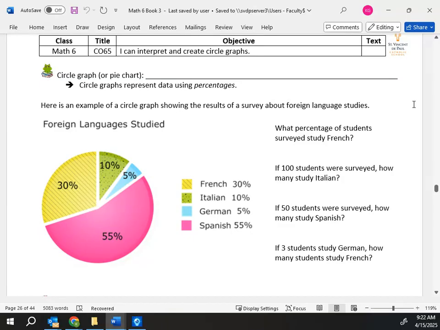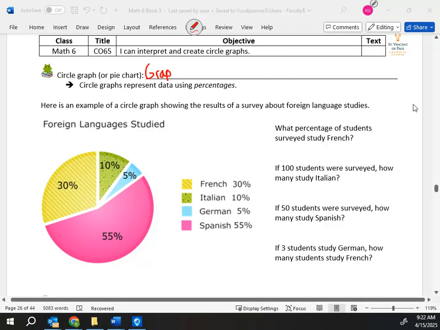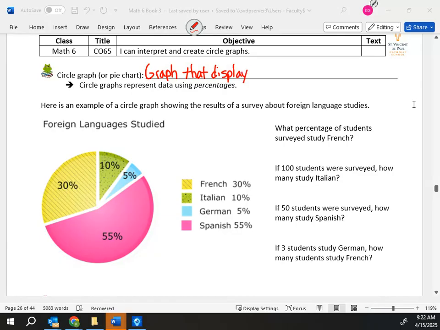So today we are doing a circle graph. So a circle graph is a graph that displays data as sections of a circle.